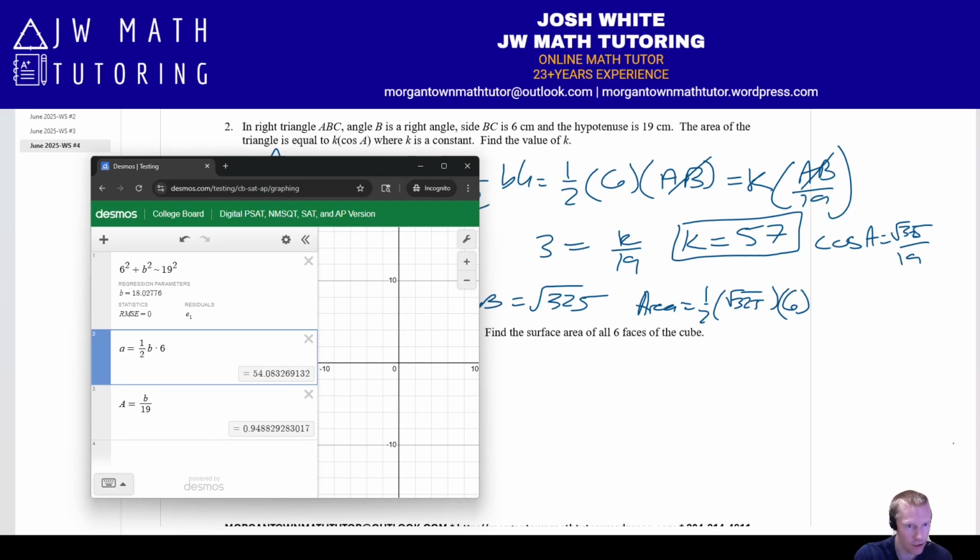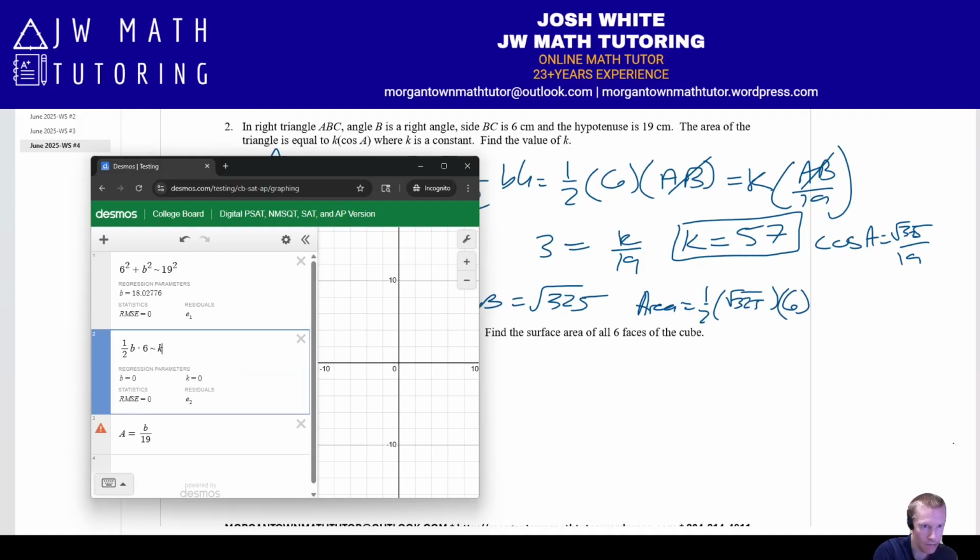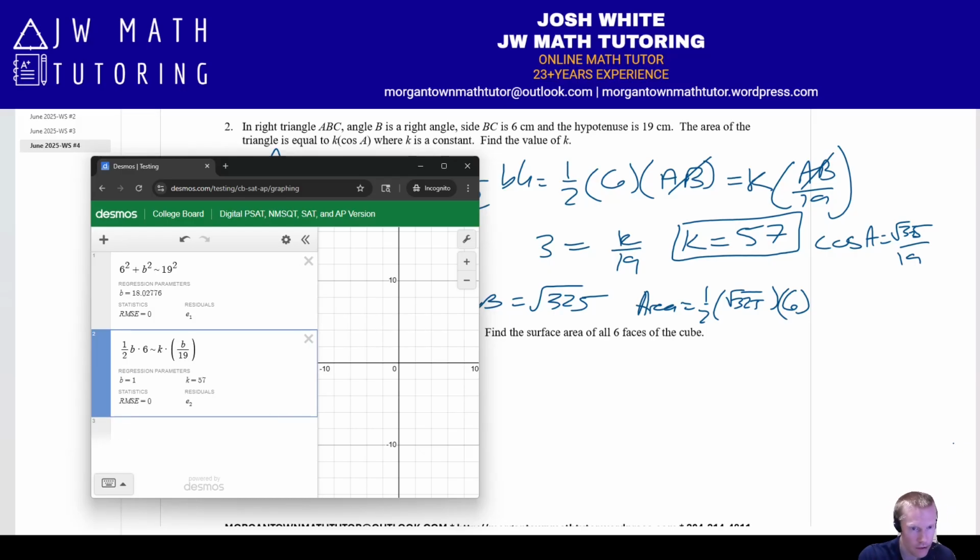So instead we have to set this equal to k times b over 19. All right, except that is not working for us. It's given us the correct value of 57, but it's not feeding in the right b value.